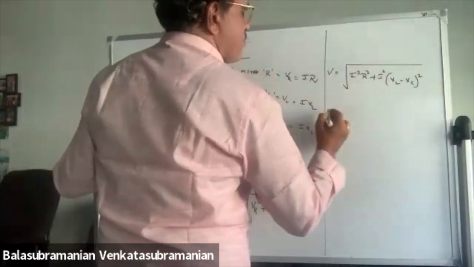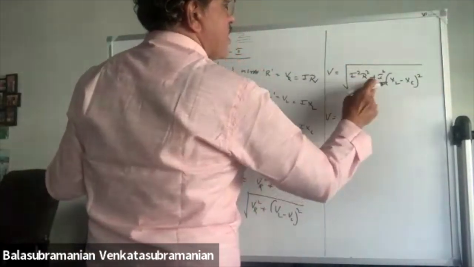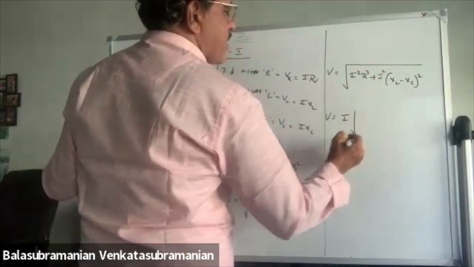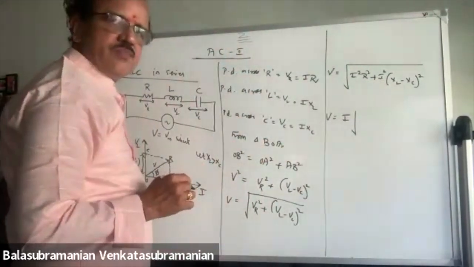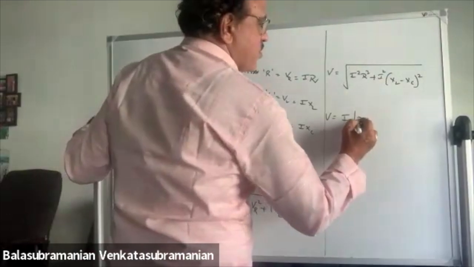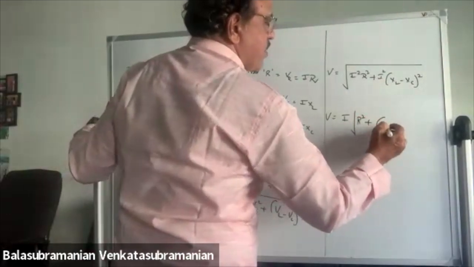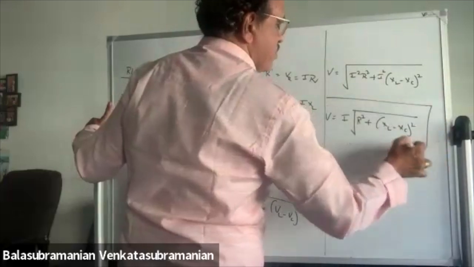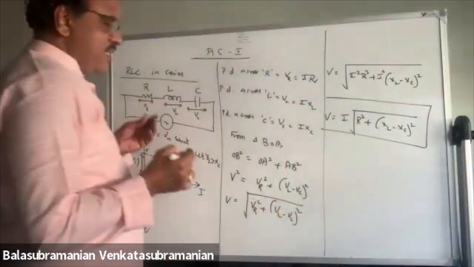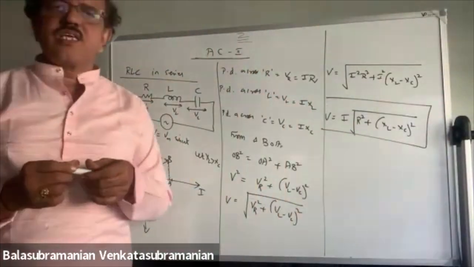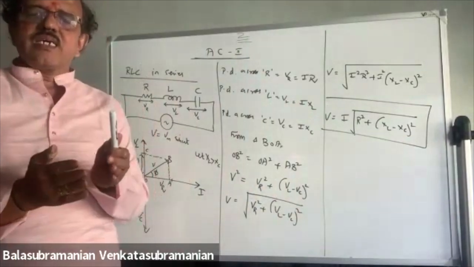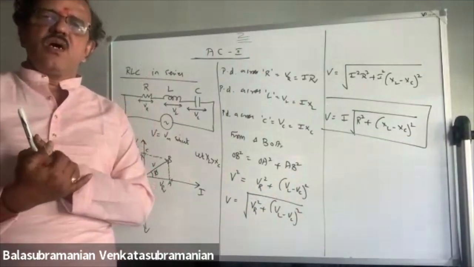Take I square common. When you take it out of the root, it will become I times root of R square plus XL minus XC the whole square. So this is the resultant voltage for the circuit containing resistance, inductance and capacitance, RLC.